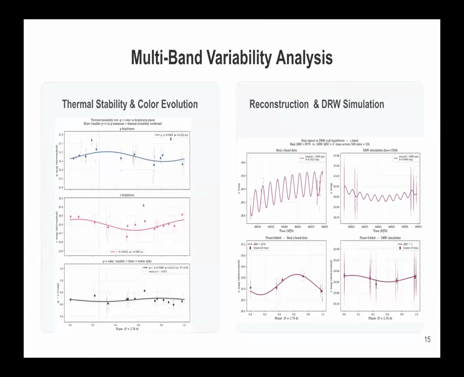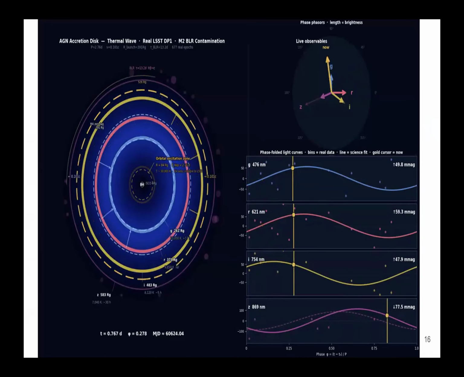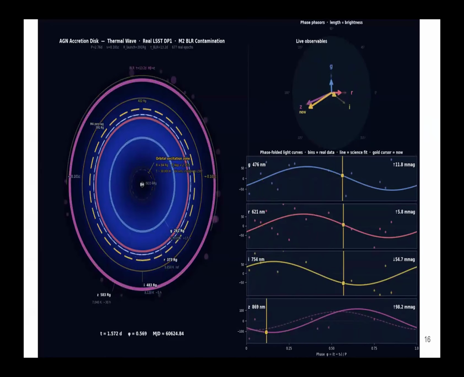inferred the line curves. And on the left, we can see that as the disk is bluer, it is, so to say, at higher temperature perhaps, and maybe we have some temperature heating wave going through this.